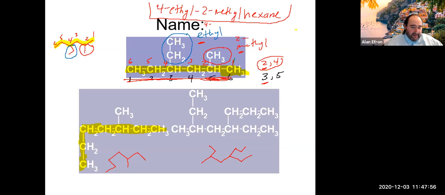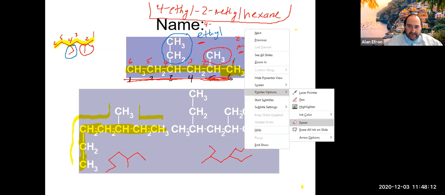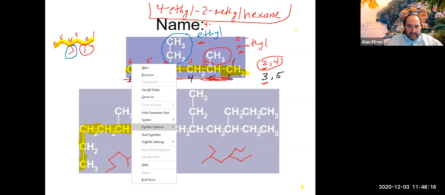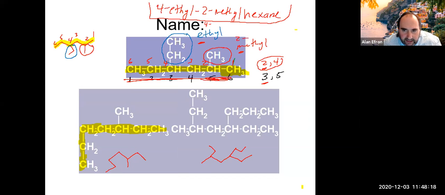Our only other option maybe start at the bottom here and come up. So 1, 2, 3, 4, 5, and 6 if you kind of came up that way. And then I think you go this way, 1, 2, 3, 4. So looks like that, was it 7 I counted there a second ago? I think it's 7. Looks like the longest continuous carbon chain.